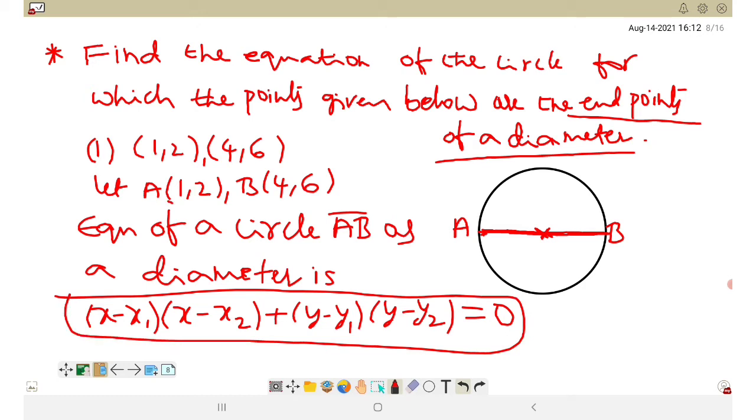So here x1 is 1, y1 is 2, x2 is 4, y2 is 6. Now substitute in this formula.